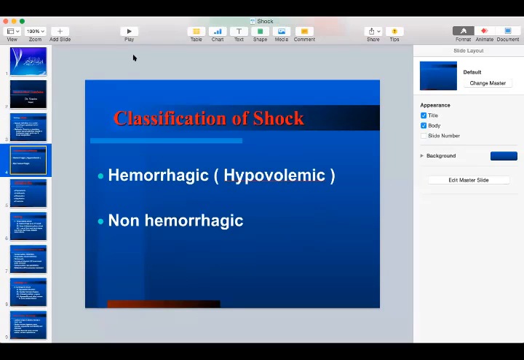All right, moving on. The different classifications of shock. We have two broad classifications of shock: one is hemorrhagic and the other non-hemorrhagic. Hemorrhagic includes bleeding out or loss of blood volume. That could also fall under one of the further classifications of shock, most commonly known as hypovolemic shock.